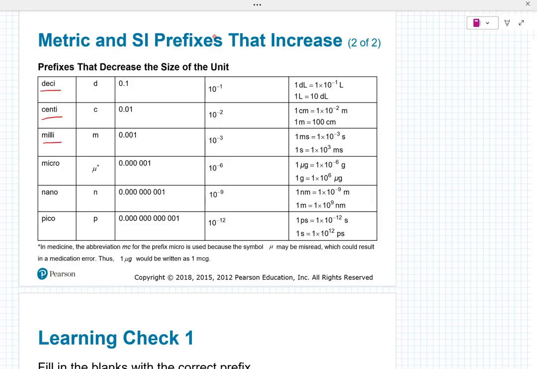Milli, 1/1,000th. You may notice that in this case, your factor is 10. When we go beyond milli, we do not have any term for 1/10,000th or 1/100,000th.